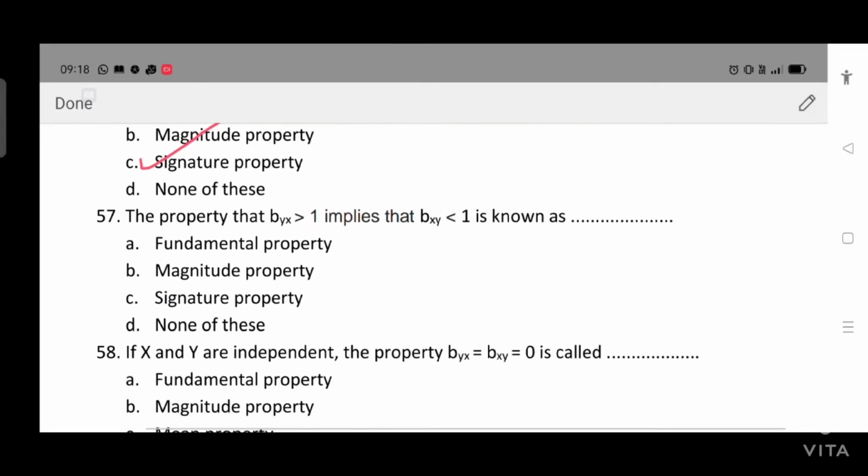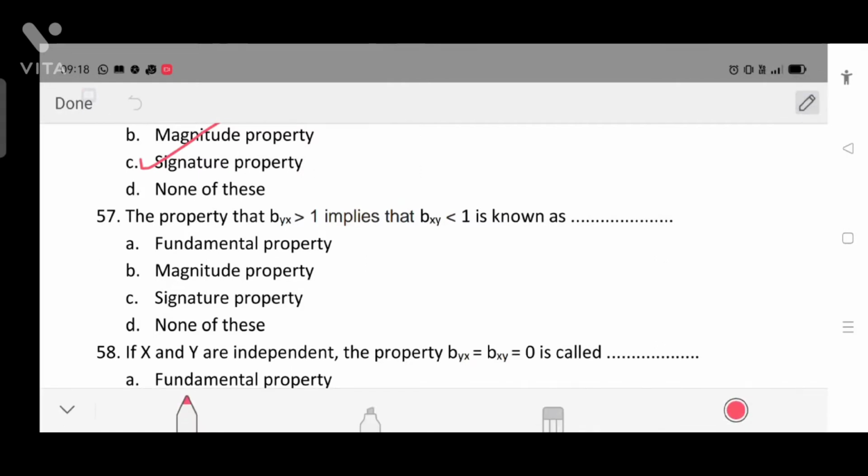The property that byx greater than 1 implies that bxy less than 1 is known as A, B, C, D. Answer C, magnitude property.